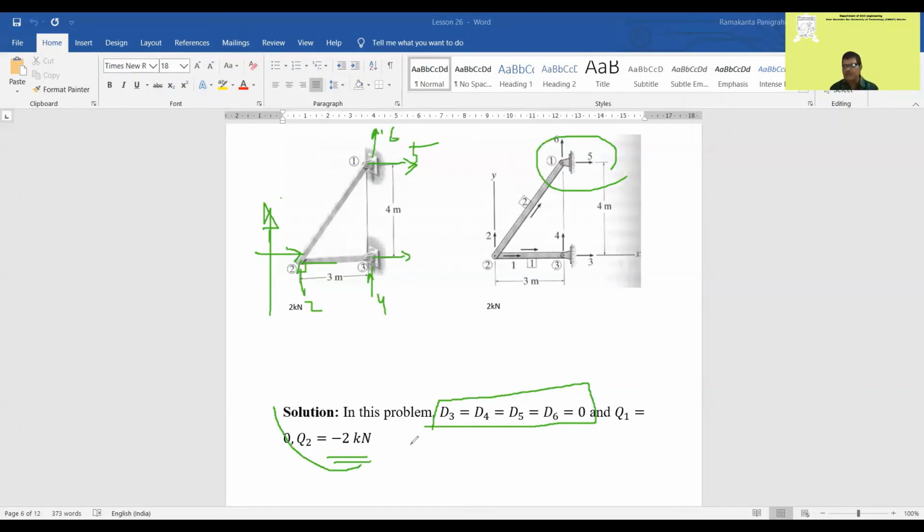D1, D2 you can find out. Only one force is given, Q2 in direction 2, equal to -2. You don't know the reactions at 3, 4, 5, 6; those are the unknowns to be found. So you have to find the displacements D1, D2, then you can find these unknown forces. Let's see how the problem is solved.